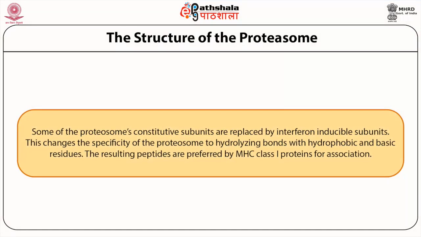Some of the proteasome's constitutive subunits are replaced by interferon inducible subunits. This changes the specificity of the proteasome to hydrolyzing bonds with hydrophobic and basic residues. The resulting peptides are preferred by MHC class I protein for association.